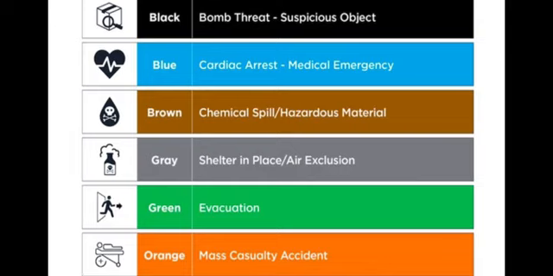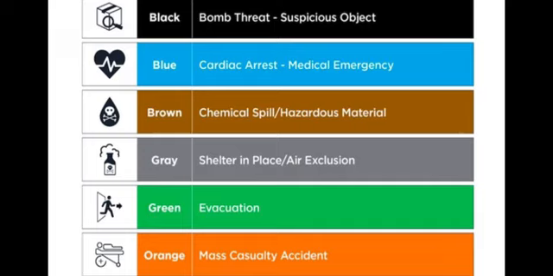And gray is shelter in place or air exclusion, a bottle with air signs above the bottle. And brown is the hazard sign, you know about this. The sign is for hazardous or dangerous chemicals. Blue, ECG sign, cardiac emergency.